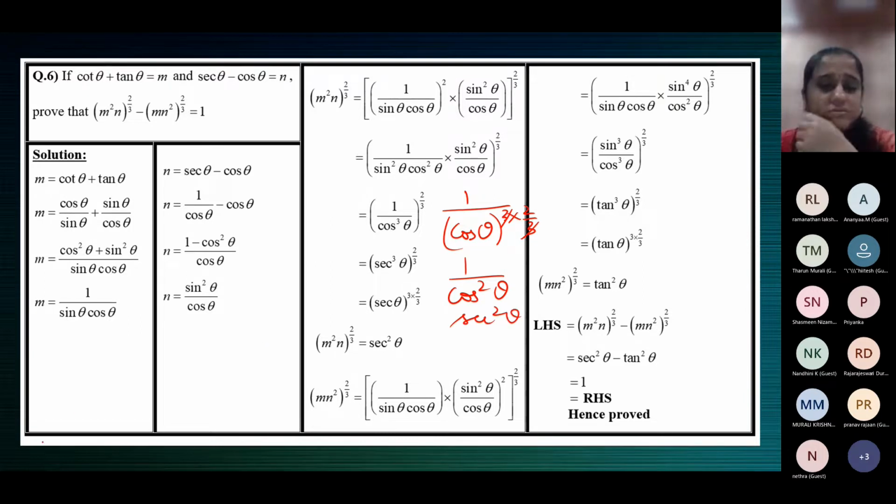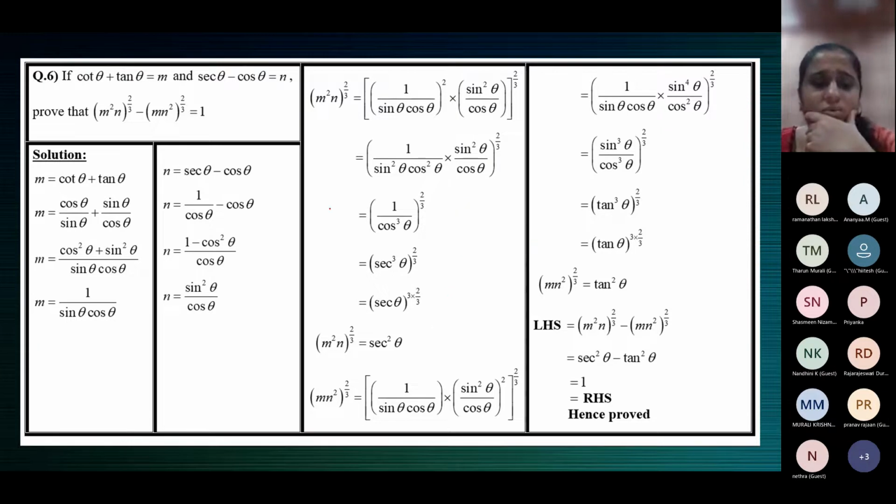Ma'am, if we substitute 1 by cos square theta instead in m square and into 2 by 3, would we get the same answer? No, please come again. In M square, what should you substitute? Ma'am, instead of secant square theta, what if we substitute 1 by... Where is secant square theta?